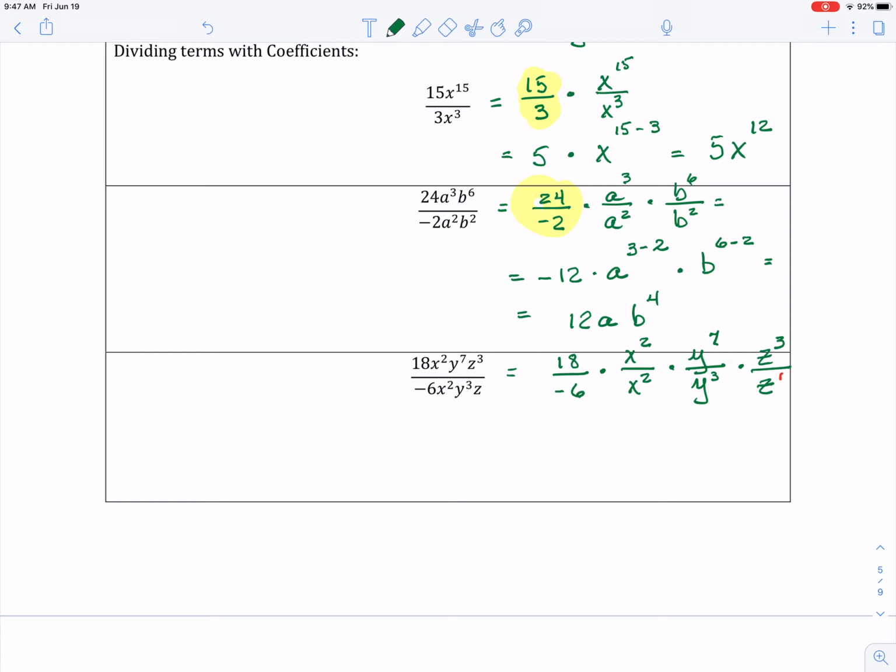All right, so numeric part, 18 divided by -6 is -3. This becomes x to the 2 minus 2. This becomes y to the 7 minus 3. And this becomes z to the 3 minus 1.